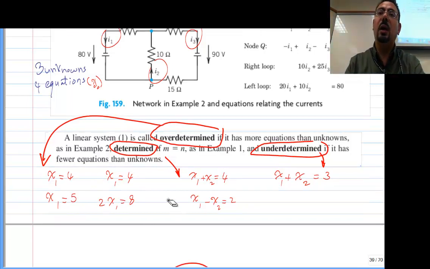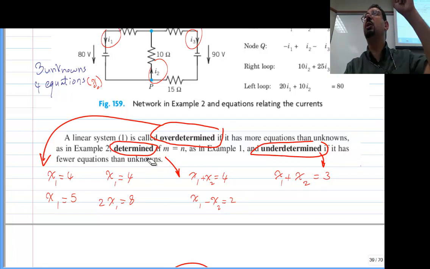But sometimes it's not trouble. For example, look at this system. 2 equations and 1 unknown: x1 equals 4 and 2x1 equals 8. Do we have a solution? Yeah, x1 equals 4. Well, how come we have 2 equations and 1 unknown? That sounds like you shouldn't have a solution.